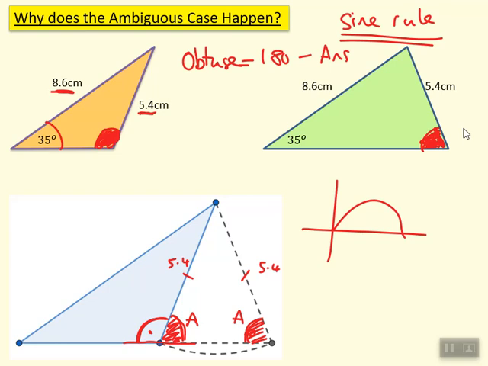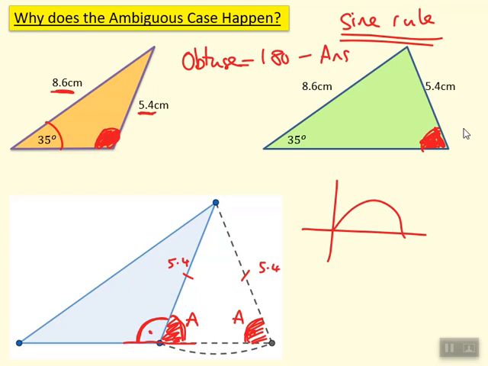Okay, so just be careful with the sine rule. It's really deceptive sometimes, and sometimes you just need to do 180 take away the answer the calculator gives you, and that's it, really. I mean, I can't really explain it any more than that.